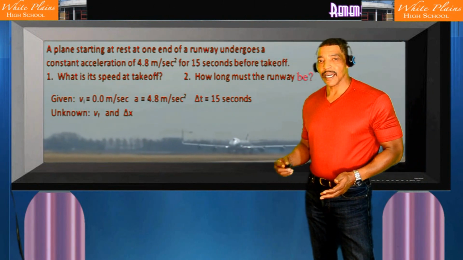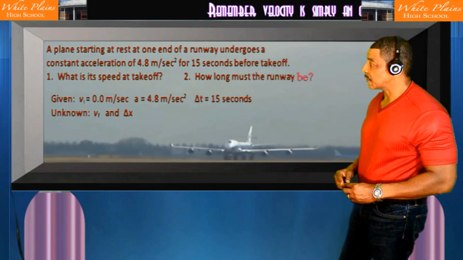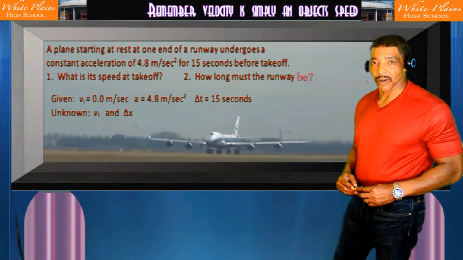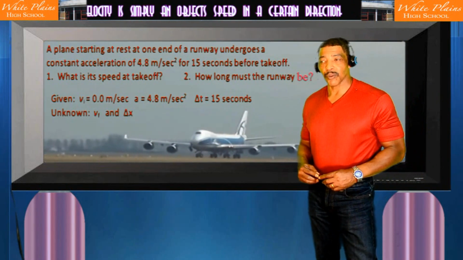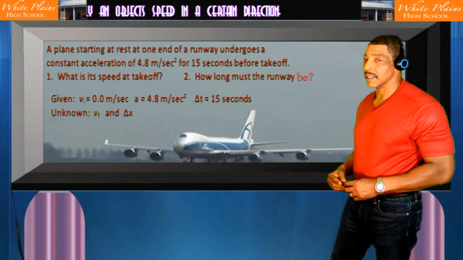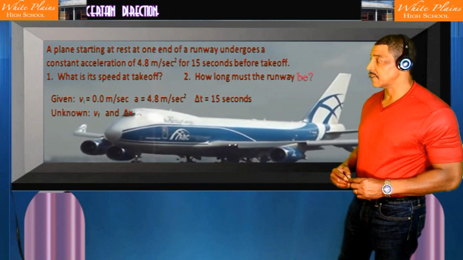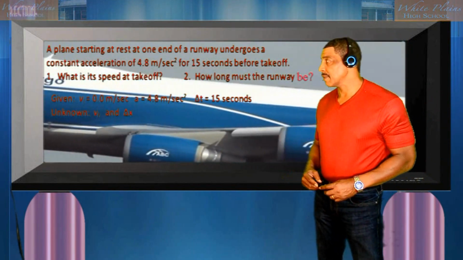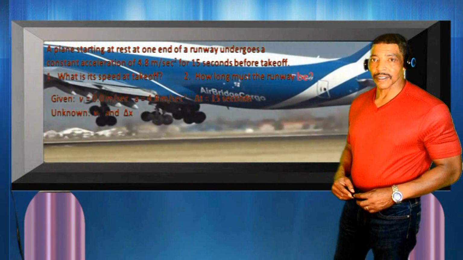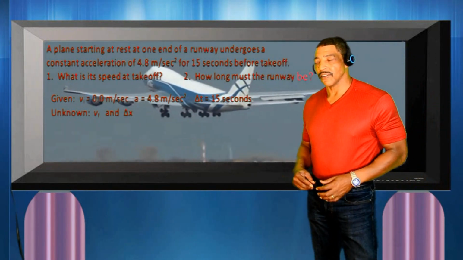Let's begin by gathering the information given in the practice problem. We're given initial velocity, which is 0.0 meters per second. The acceleration is 4.8 meters per second squared, and the change in time, delta t, will be 15 seconds. Unknown is the final velocity, v sub f, and the displacement, delta x. Let's determine the final velocity first.